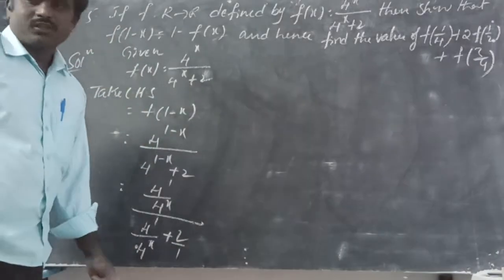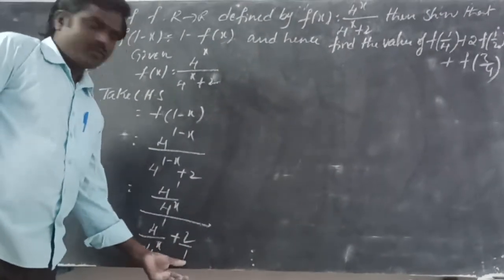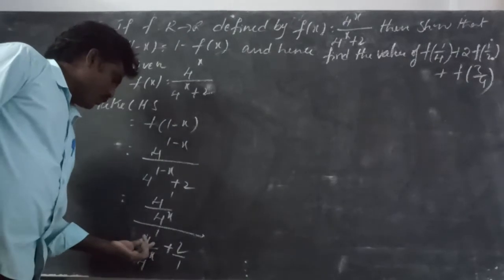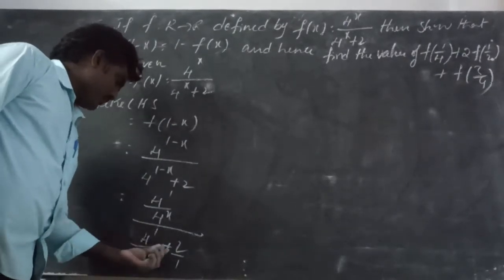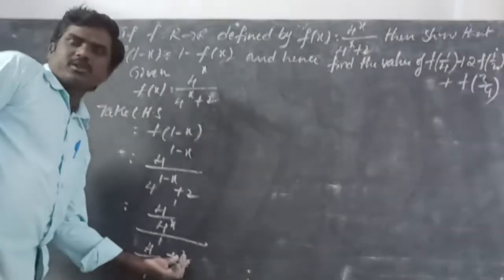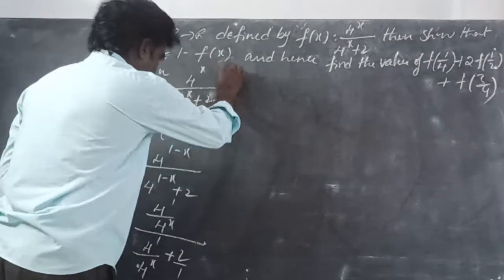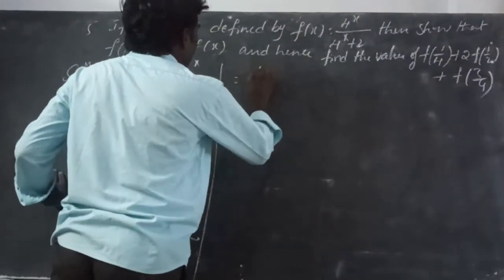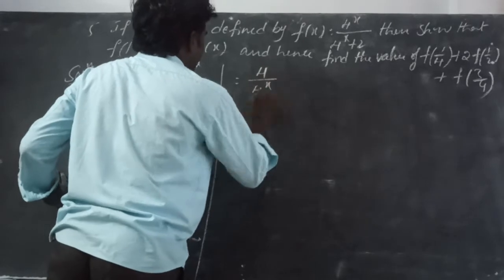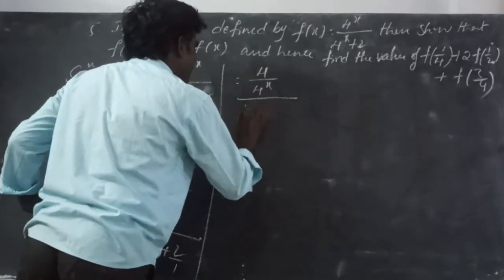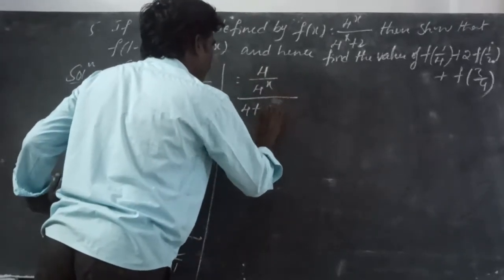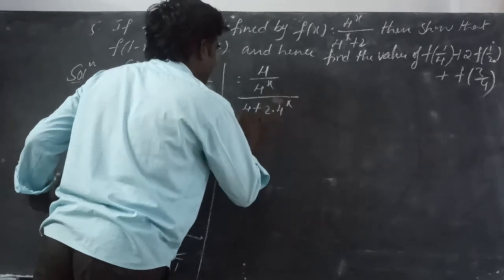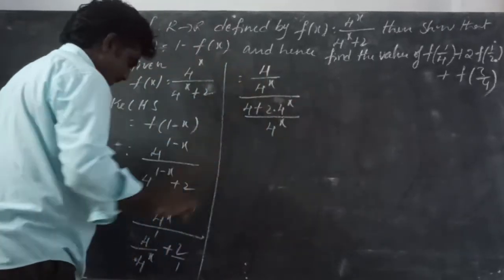Okay, so we can write 2 as 2 by 1. You can do that cross multiple here. 4 power 1 into 1, 4 power 1, 4 power x into 2, 2 into 4 power x. Okay, so here 4 by 4 power x by 4 plus 2 into 4 power x by 4 power x.